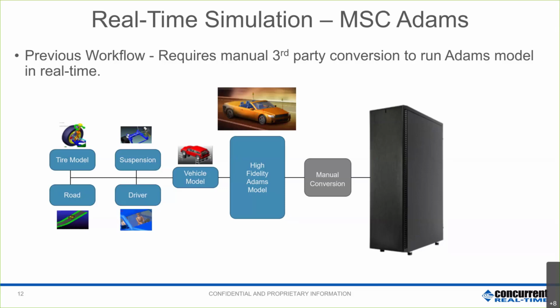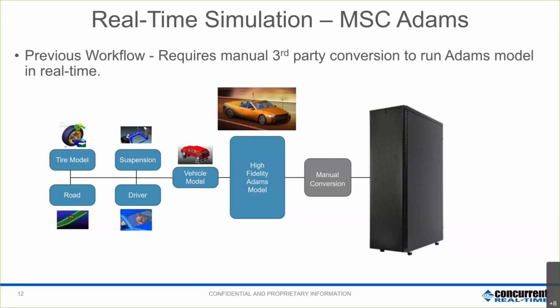Then when you want to run it in real time, before the Adams real-time product, you had to rely on manual conversion. You need to manually convert this model into a real-time capable model. This means that there could be some error that you introduce. Maybe you validated your high fidelity Adams model, but in the conversion process you make some mistake, and then you are going to have a problem down the line.